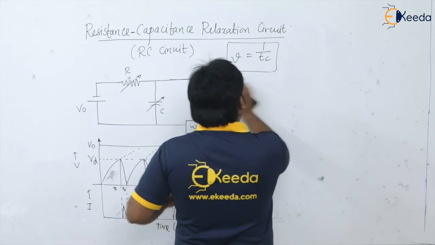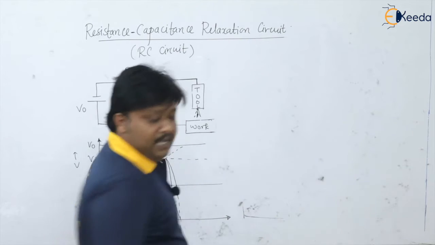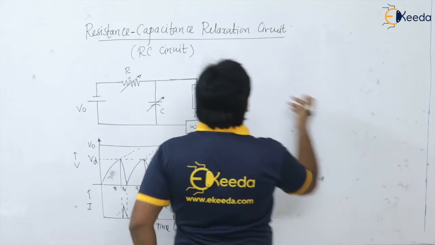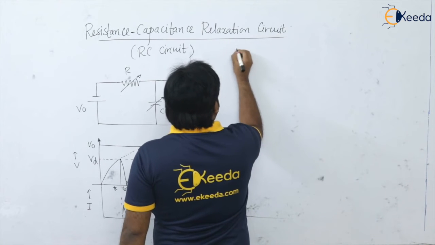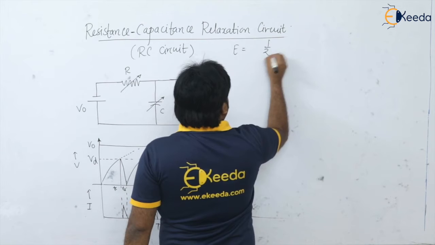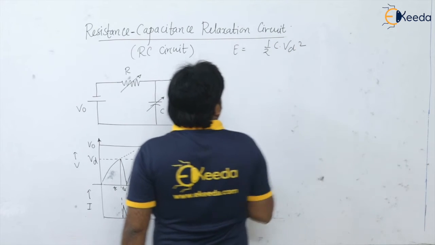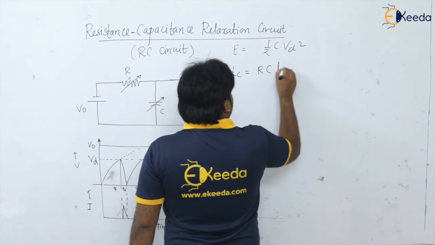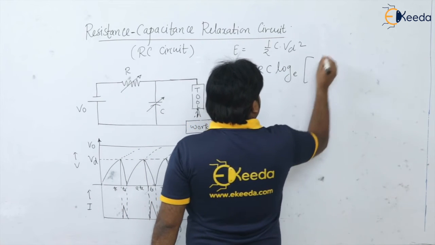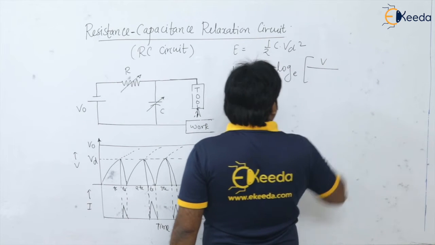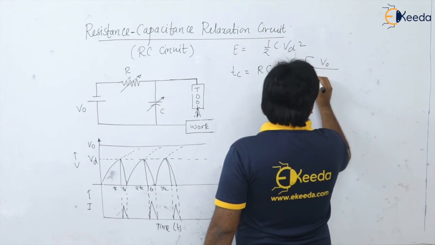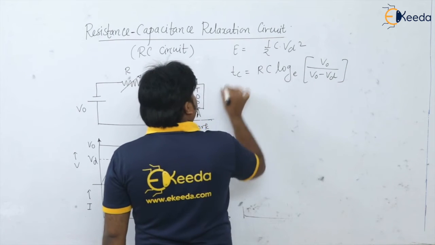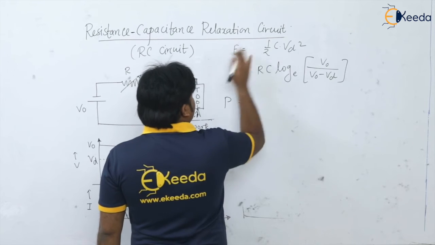To get the maximum power, what can we have? This P average, and if you differentiate this P, let us see. We know that the energy is half into C into VD square, and we know TC is equal to RC log to the base E of VO divided by VO minus VD. So power is nothing but the ratio of this.